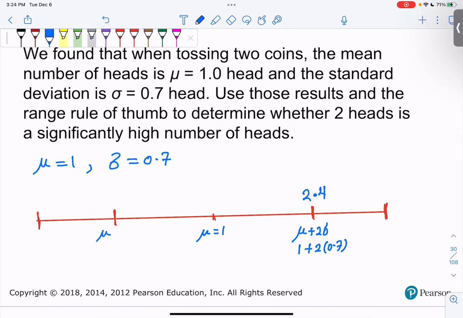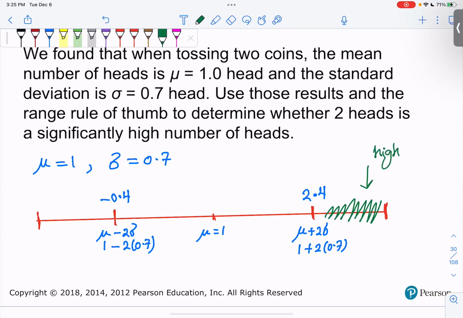And here we have mu minus 2 sigma. It's equal to 1 minus 2 times 0.7. It will be equal to what? Negative 0.4. So any number here will be significantly high. And any number here will be significantly low. And any number in between here will be not significant.